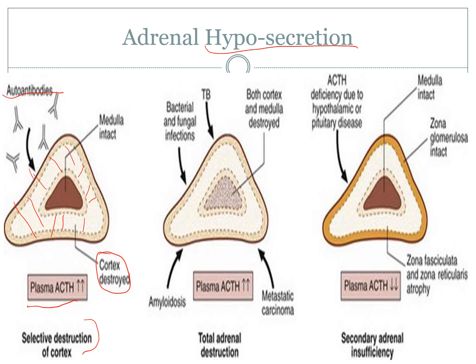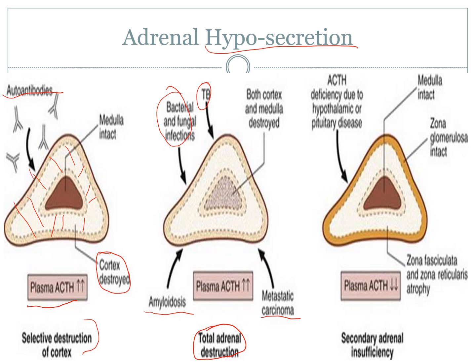Now, the second one is associated with both acute and chronic causes. In the acute stage, it's associated with severe bacterial infections, meningococcal-type infections, that will come in and destroy the tissue. It's chronically caused by TB, and it can also be caused by carcinomas of the area or amyloidosis.